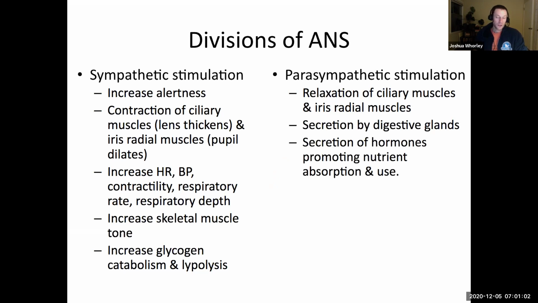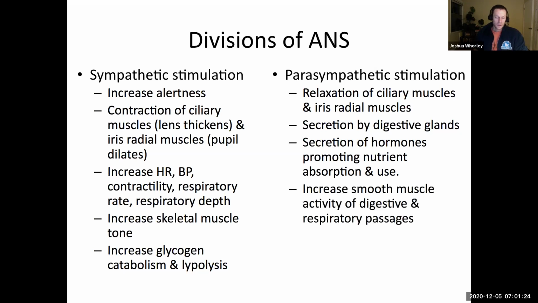The brain, the diencephalon, and specifically the hypothalamus, starts secreting hormones to promote nutrient absorption and nutrient use. So you're basically refueling your muscle cells when the parasympathetic nervous system is stimulated.